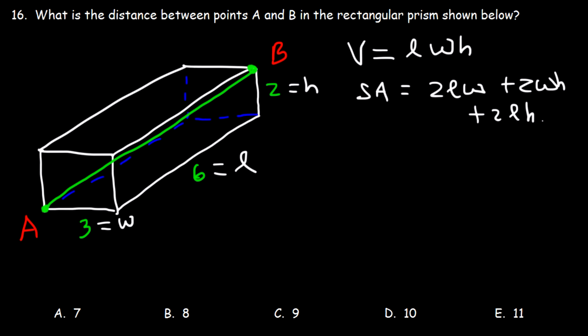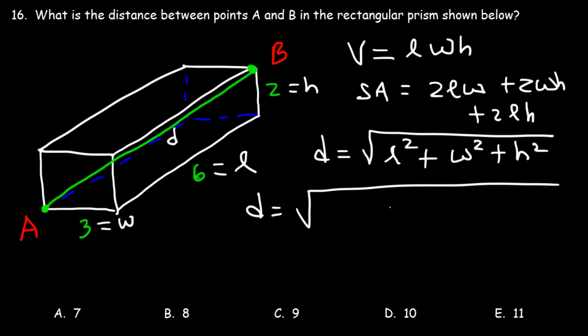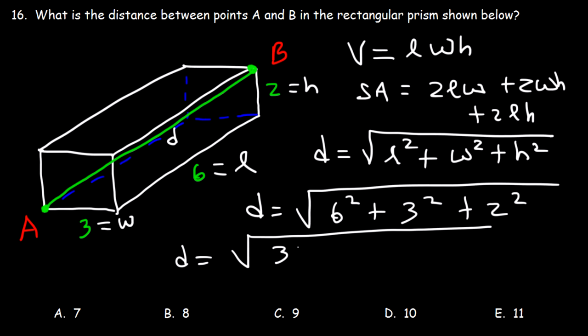But in this particular example, we want to find the length of the diagonal. And it's going to be equal to the square root of L squared plus W squared plus H squared. L is 6, W is 3, and H is 2. 6 squared is 36, 3 squared is 9, and 2 squared is 4. 36 plus 4 is 40, and 40 plus 9 is 49.